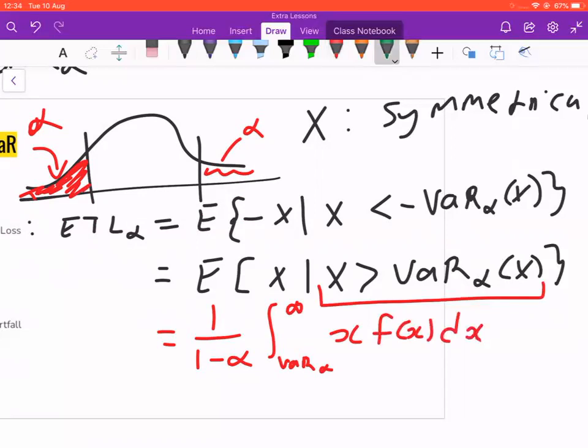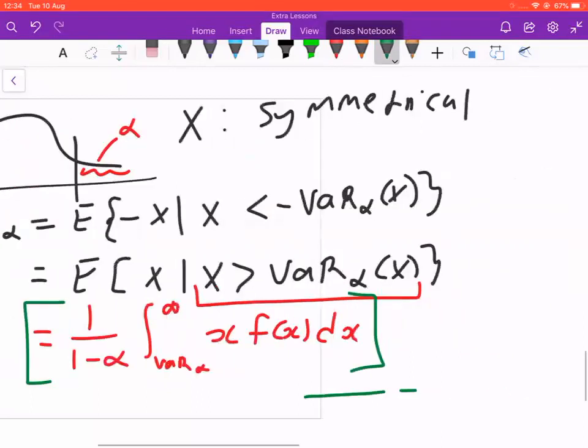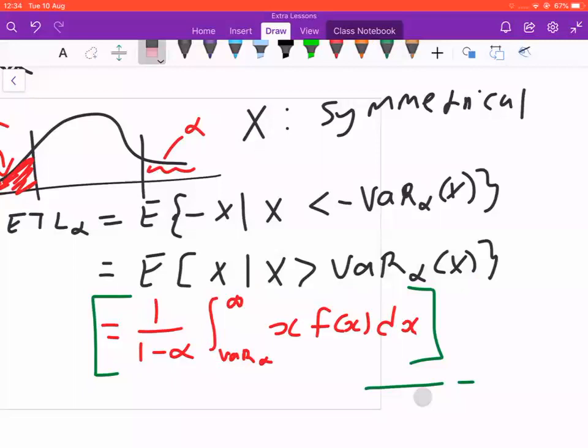This is the definition you can use if they do ask you a question, because it's so much easier to use. I tried to find how they arrived at this answer, but I can't find an article that shows a step-by-step of why expected tail loss can be expressed like this. But if they do ask you, I advise that you use this method, because you can see it is so much easier to find the answers.